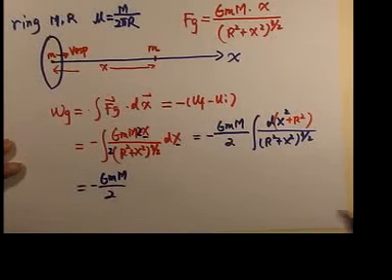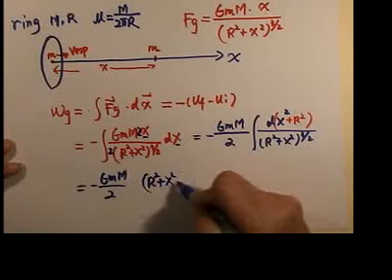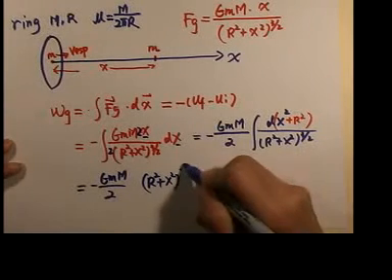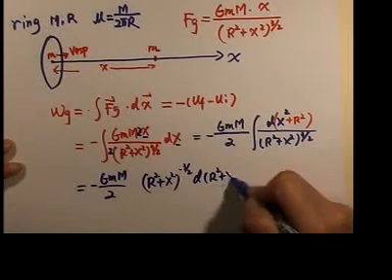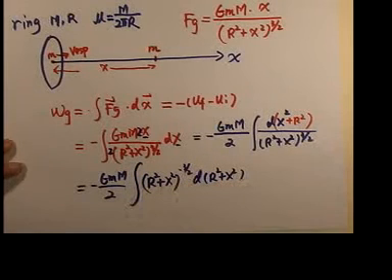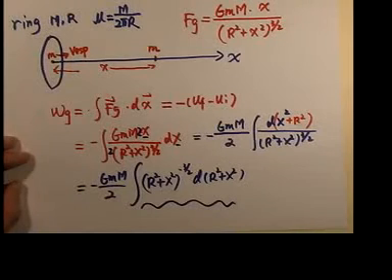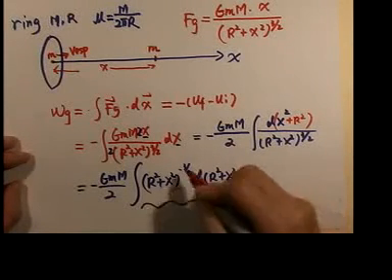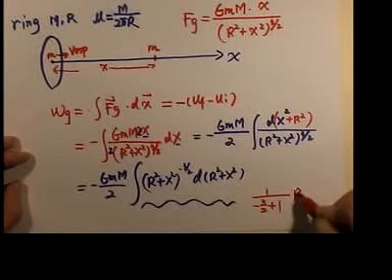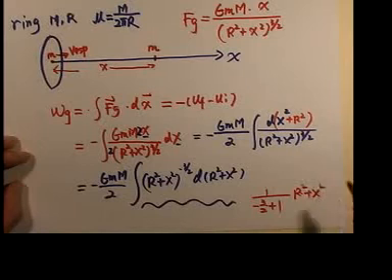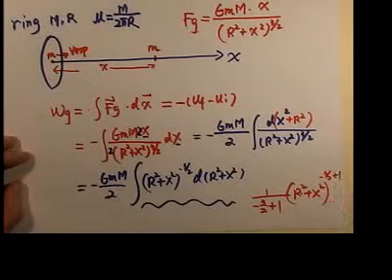If we bring the denominator to the numerator, it's (r squared plus x squared) to the negative 3 over 2, d of (r squared plus x squared), integral. For this integral, the result should come out as 1 over the coefficient, negative 3 over 2 plus 1, times (r squared plus x squared) to the negative 3 over 2 plus 1, right?